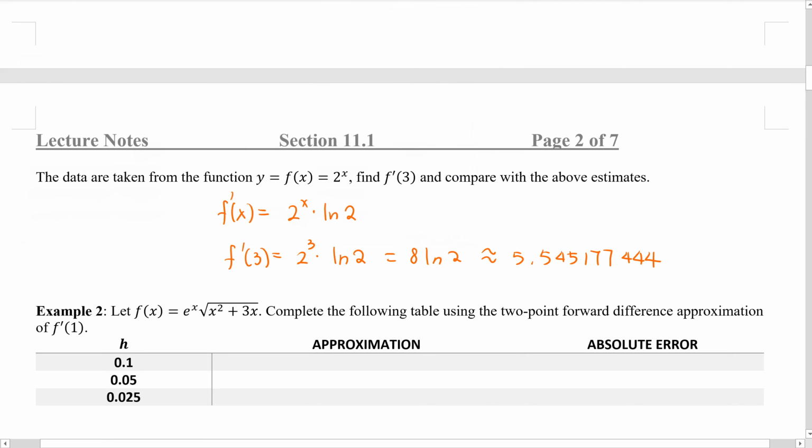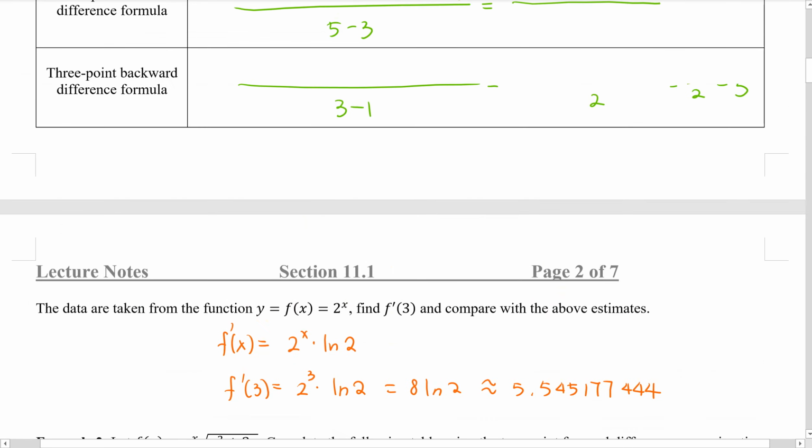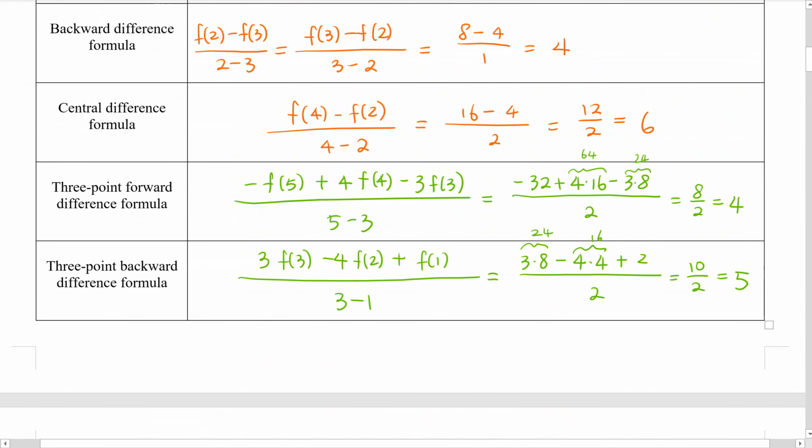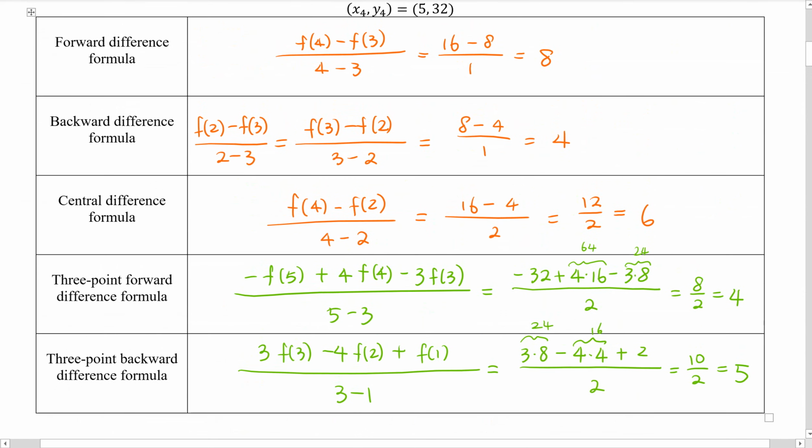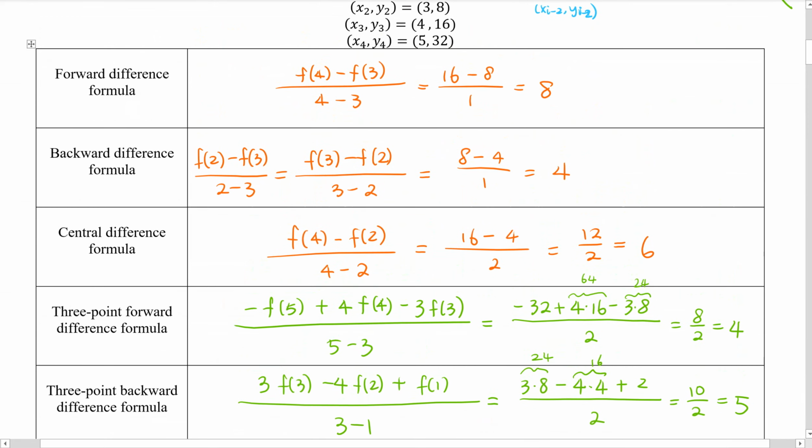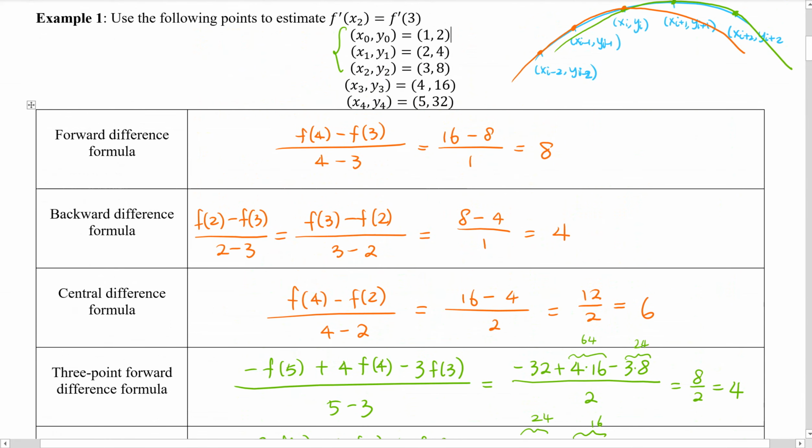Yep, okay. So let's compare with our estimates. Well, the forward difference formula gave 4, and the backward difference formula gave 5. And what's the shape of this function? 2 to the x, an exponential function, is something like this, right? And you can see the slope is getting bigger. And our answer is 5.545, so somewhere between 4 and 6.